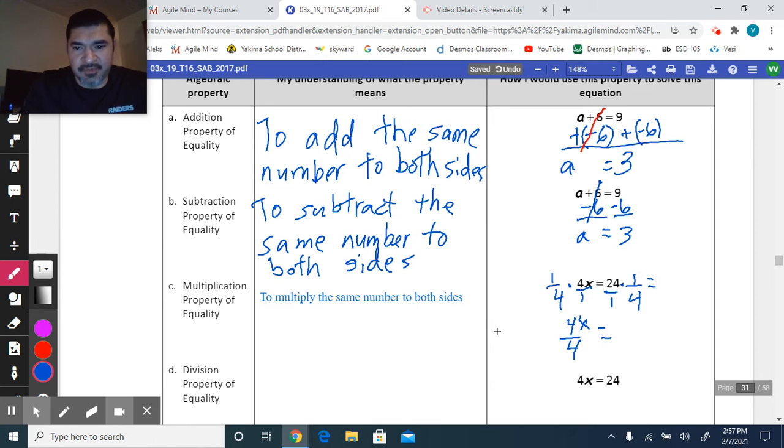I end up with 24 times 1, which is 24. 1 times 4 is 4. And then 24 divided by 4 is 6. Okay, and here the 4's will cancel out because 4 divided by 4 is 1. And 1 times x is just x. So x equals 6.